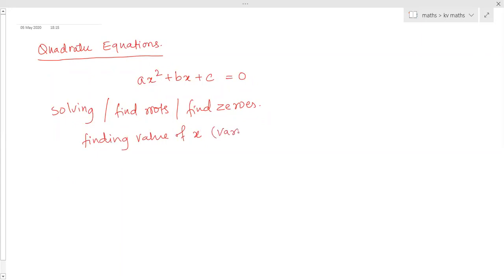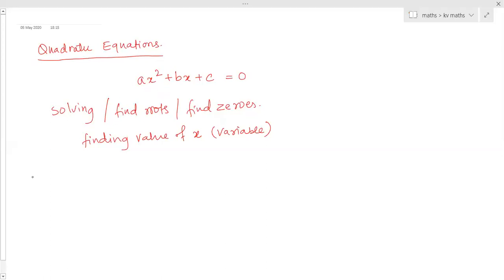This is the general form, ax square plus bx plus c is equal to 0, of all quadratic equations, where a, b and c are any real numbers. They are not variables, those are real numbers. The only variable is x.